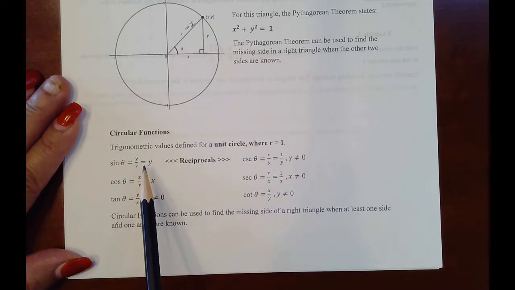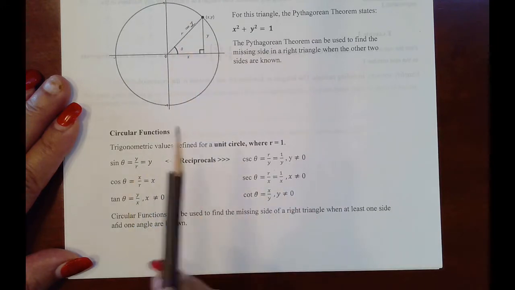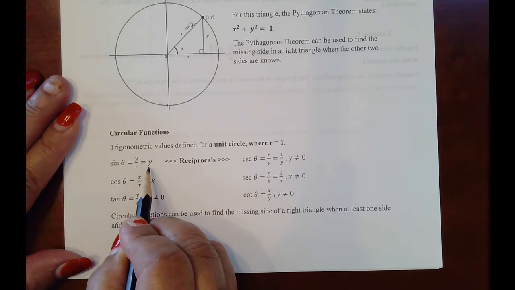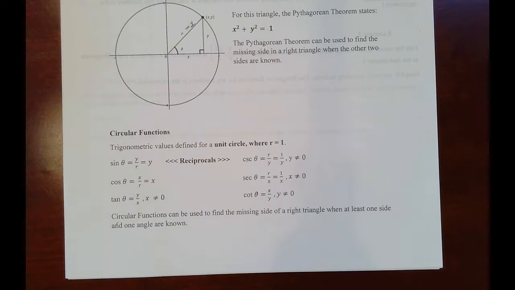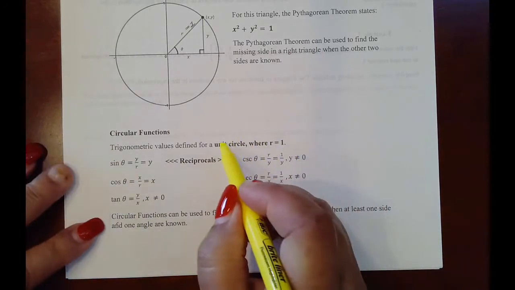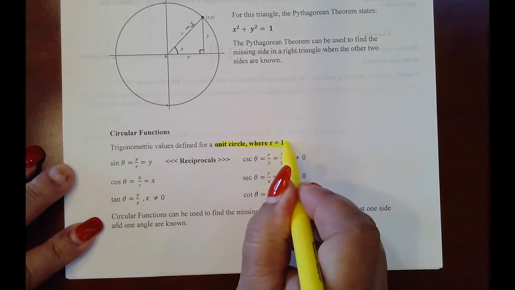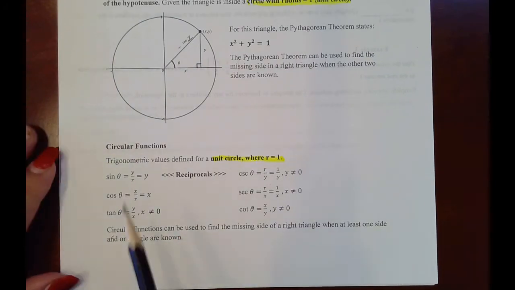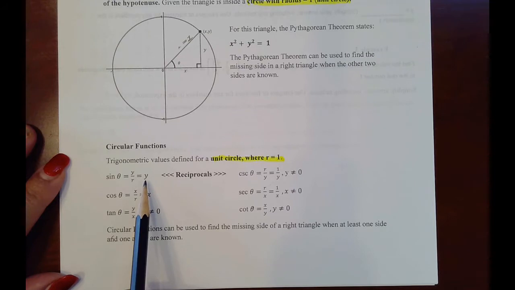But in this case, since the r value is 1, if you were to put a 1 right in here, that would be y over 1, and therefore the sine value would just be y. So in the particular situation where you happen to be inside a unit circle and you know that your radius is 1, this definition becomes this.